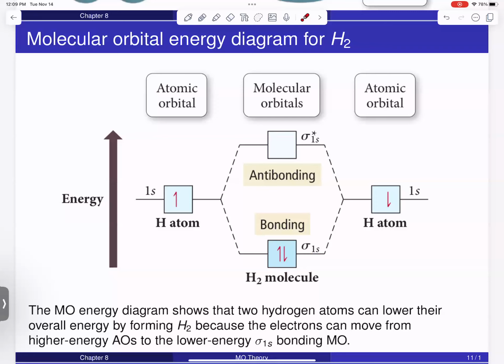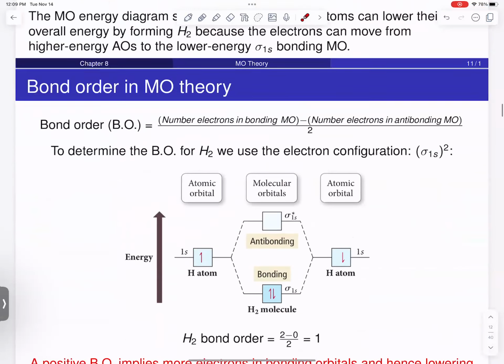And so we see that the H2 molecule forms because you get a molecular orbital, which we could call sigma 1s, that has 2 electrons in it and has a lower energy than the isolated atoms by themselves.